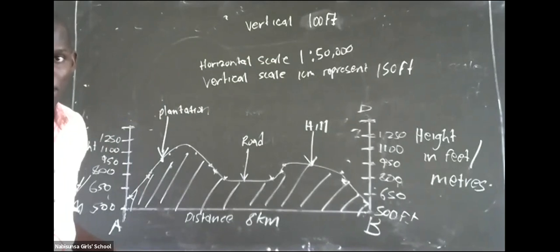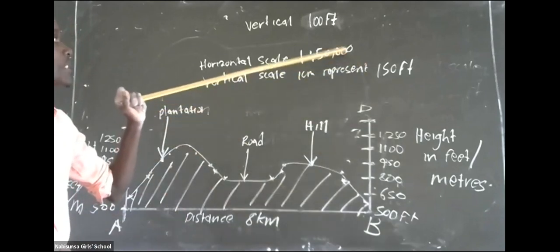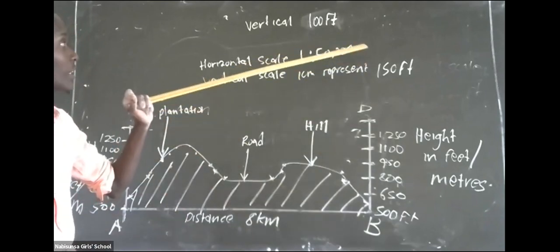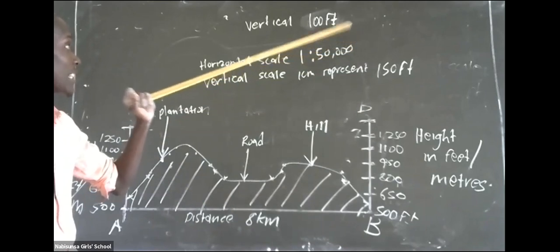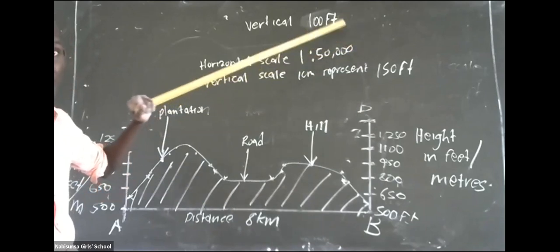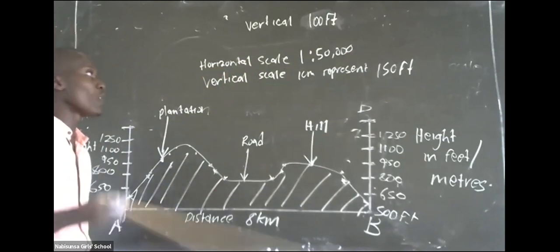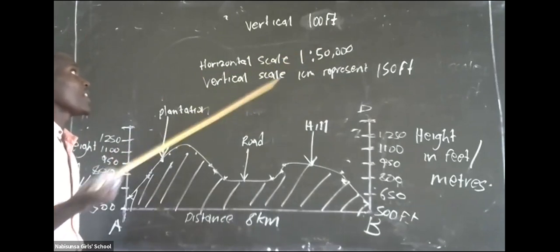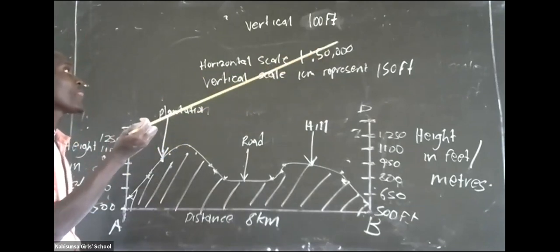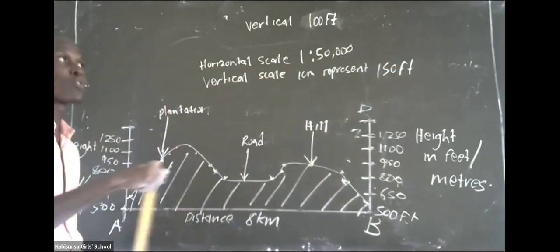On the horizontal scale, you don't put units. Always this number is on the map extract, at the top of the map extract. Try to look at it. It's always there. That one is standard. What we are trying to mean is that 1 centimeter on the map extract is 500,000 centimeters on the actual ground.